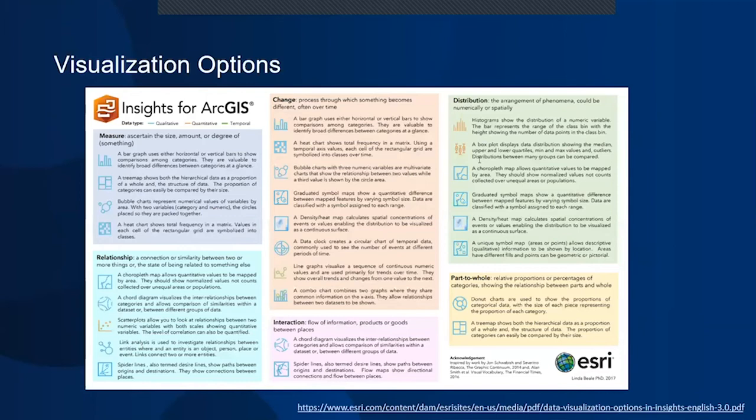The summary of these charts and maps you will find in the PDF document that is available online. It explains the visualization options, and depends on what we would like to communicate. Then we will select the specific category, if you want to communicate some measurements, relationship, interaction, or distribution.